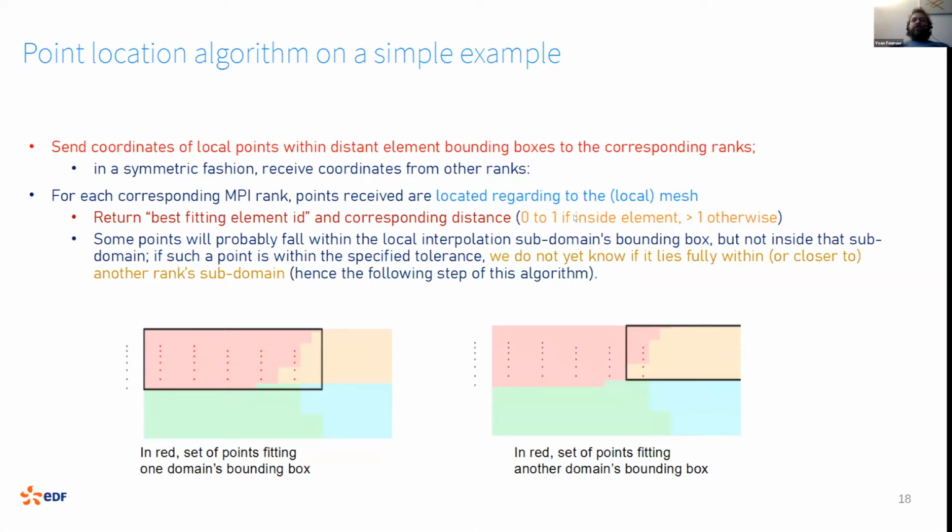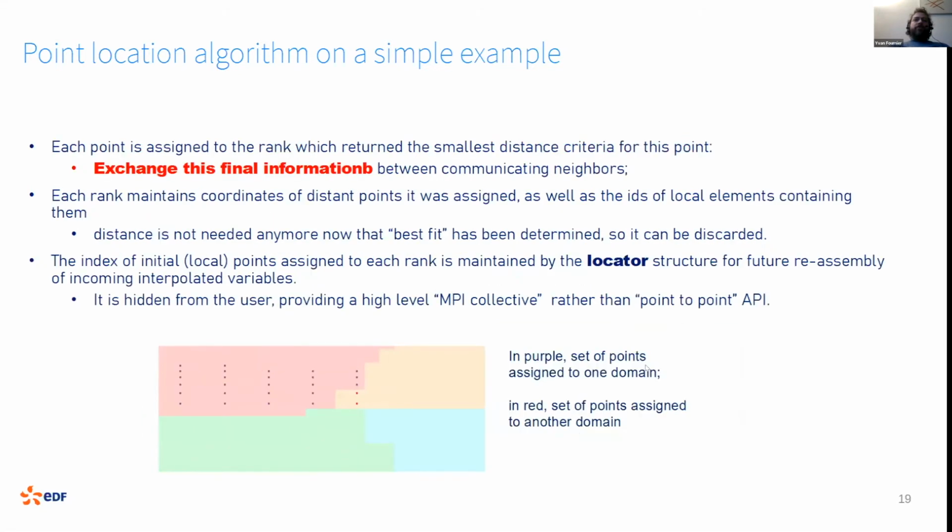The simple logic we have is that the location function should return something between 0 and 1 if we're inside the element, slightly above 1 if we're outside the element. So then we can compare results when we need to handle tolerances and we're slightly outside a mesh. I'll have a picture describing this a bit more later. Here we see that some points are within one domain's bounding box. A few other points are within another domain's bounding box.